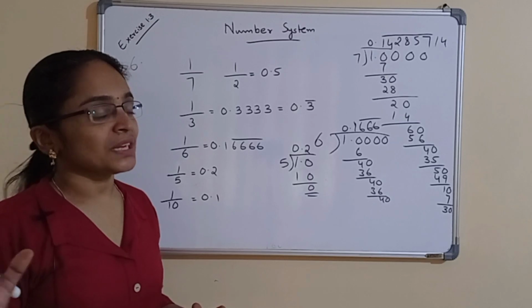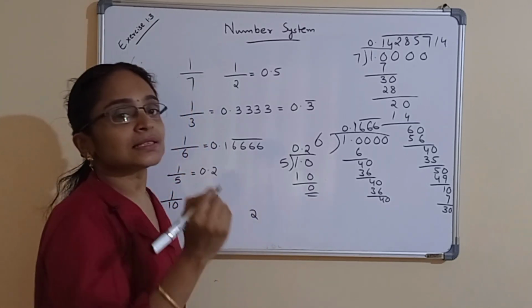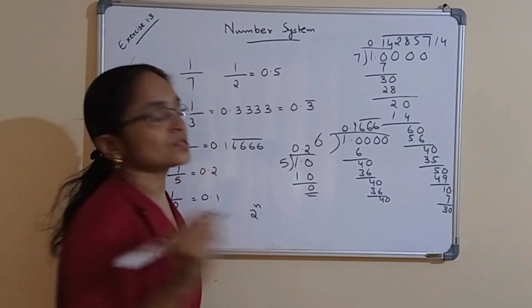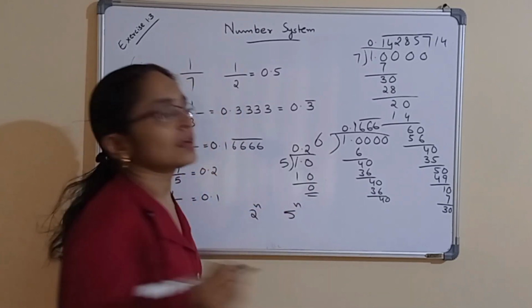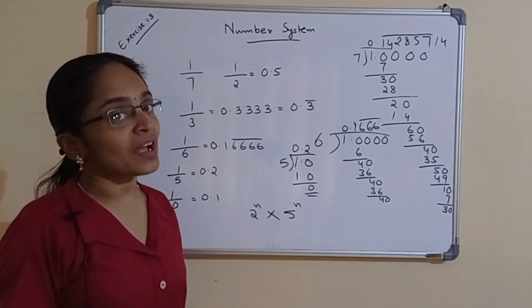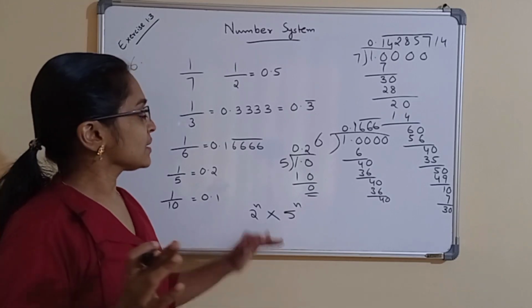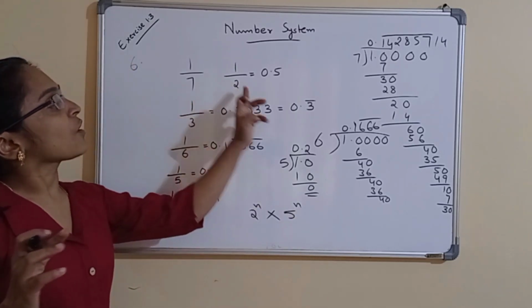So what does that mean? If the denominator is of the form 2 raised to n, or 5 raised to n, or a product of both, that is 2 raised to n into 5 raised to n, then it will be terminating.